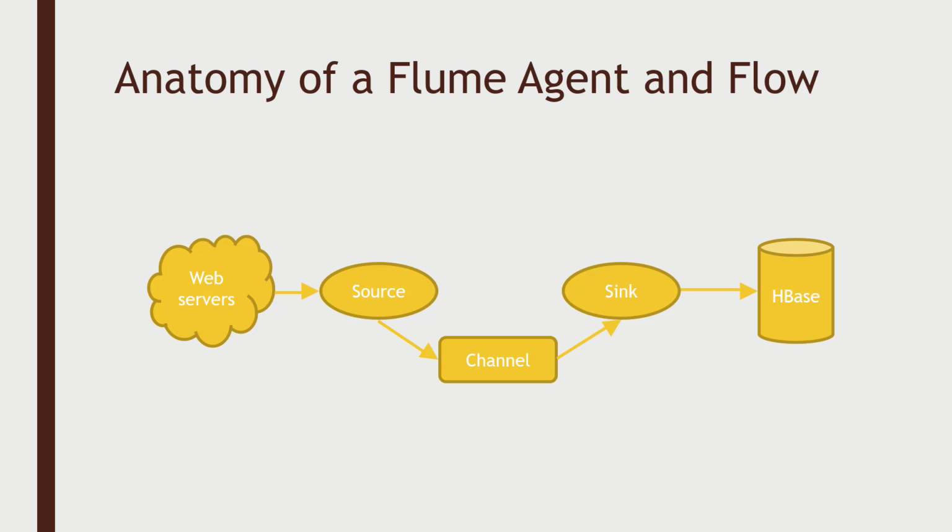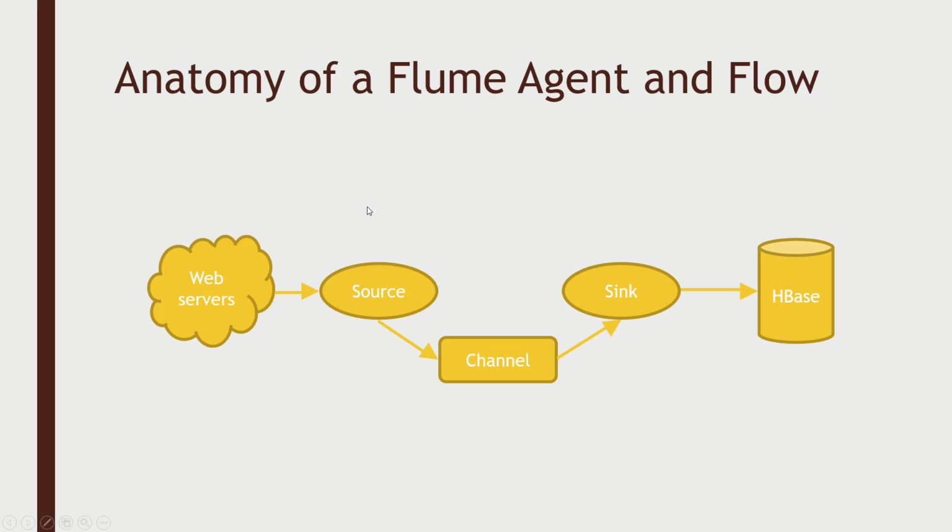Now, when we talk about Flume, we talk about Flume agents. And a Flume agent consists of these three components: a source, a channel, and a sink. So basically, when you're setting up Flume, you tell it, I want to set up these agents that connect some data source to some place where I want to stick that data. And we can configure different types of sources and different types of sinks that might connect to different data sources or data destinations.